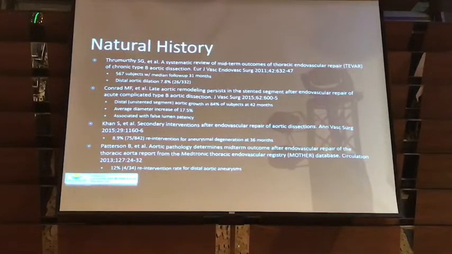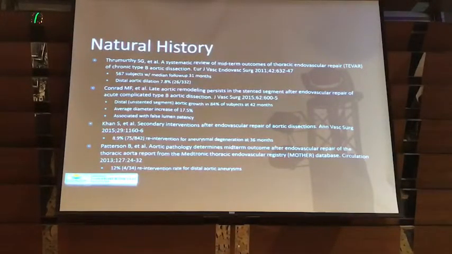Some of the natural history has been studied in this select group of published works. One published work describes a systematic review of midterm outcomes in over 500 subjects with a median follow-up of almost 3 years, and they described this phenomenon of residual distal aortic dilation in approximately 8% of patients.